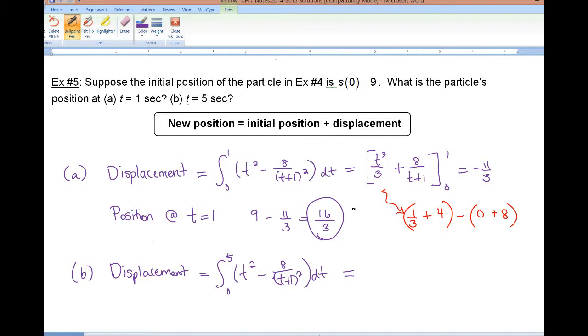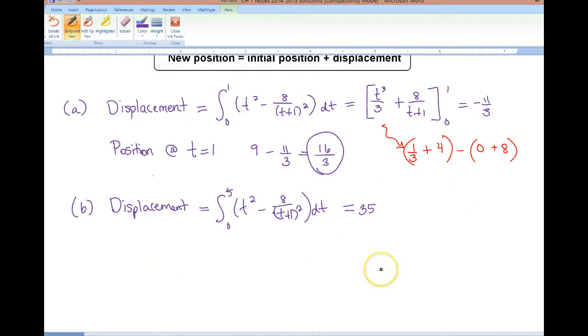If I ask you how far did something travel from 3 to 5 seconds, then you would use 3 to 5. But we're looking at the whole thing from the beginning to a certain end second. So you would get 35, yay. So now our position at t equals 5 will be 35 plus 9, so 44.